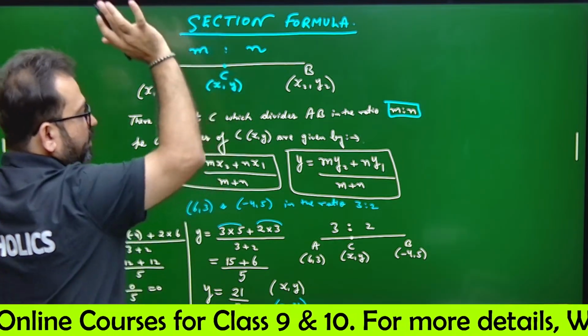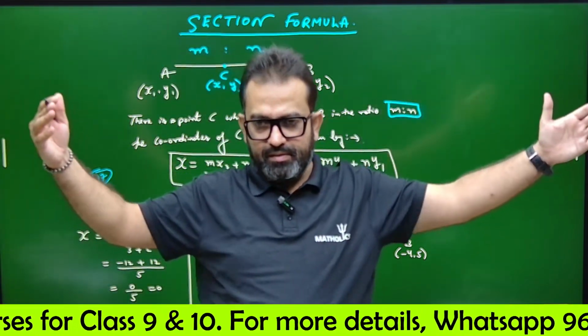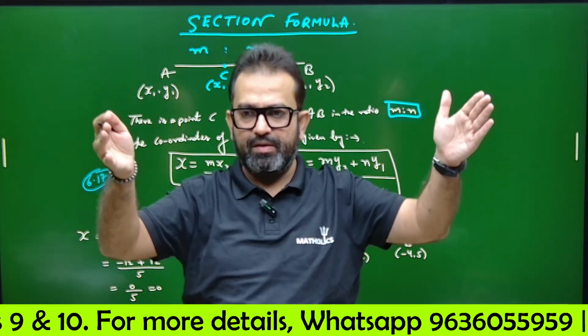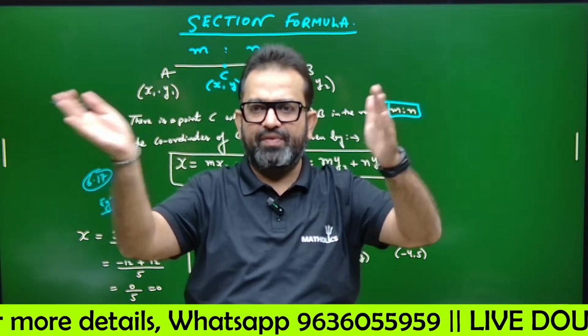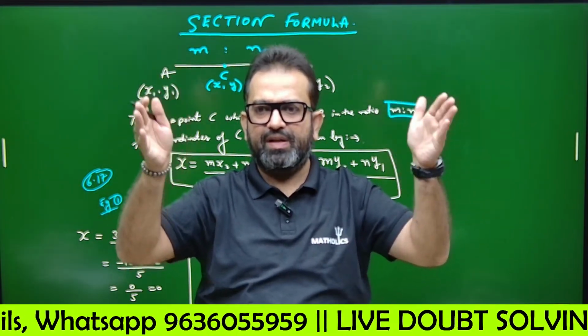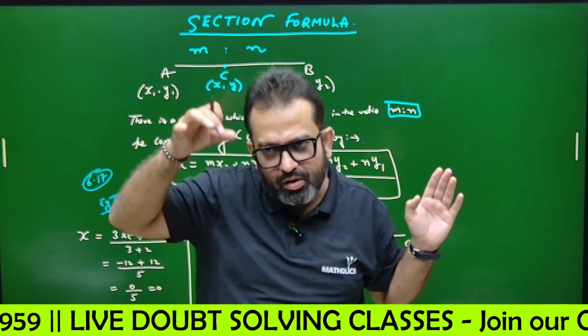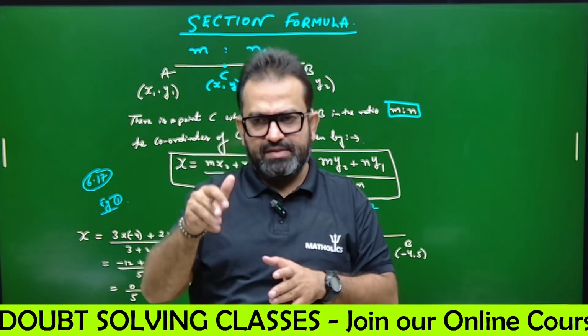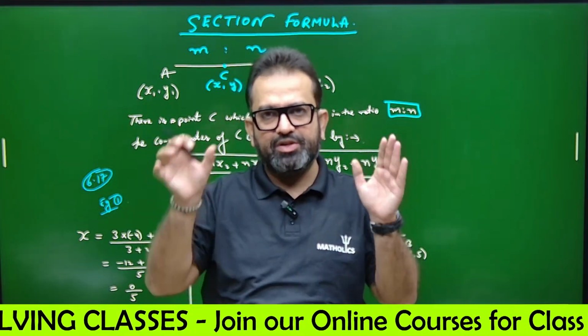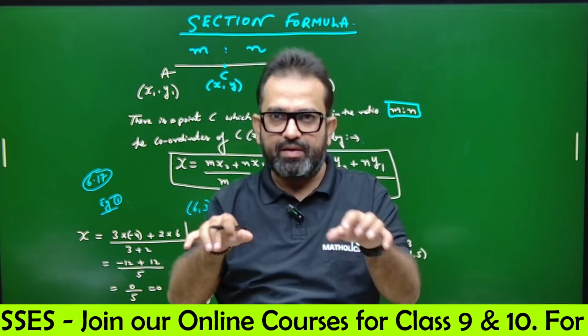There is a line given AB. Somewhere in between of AB, there is a point C. You have to find the coordinates of this point C. If it is given that C is dividing AB in the ratio m is to n, clear?